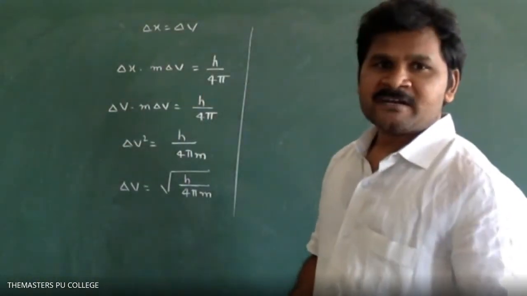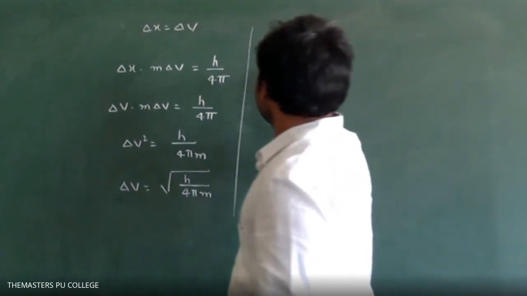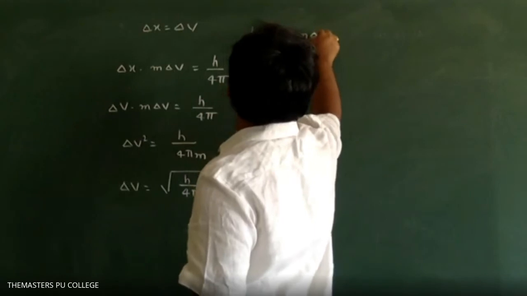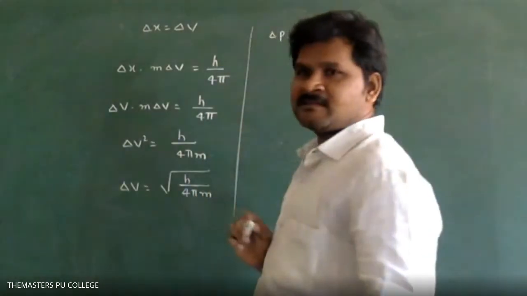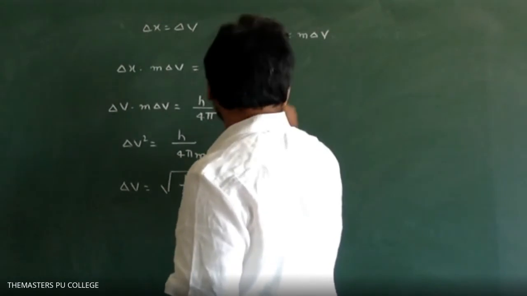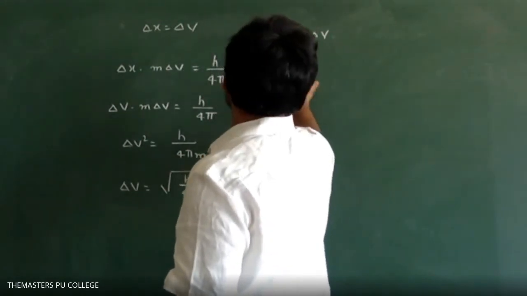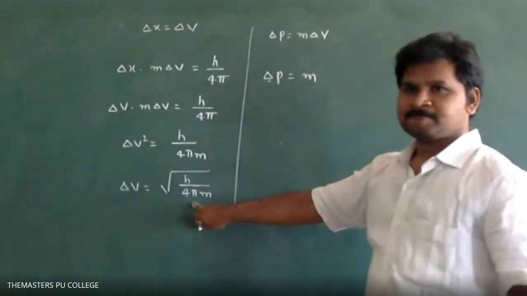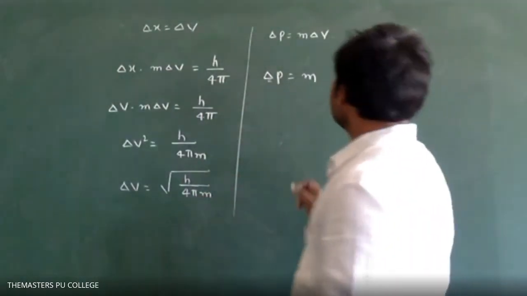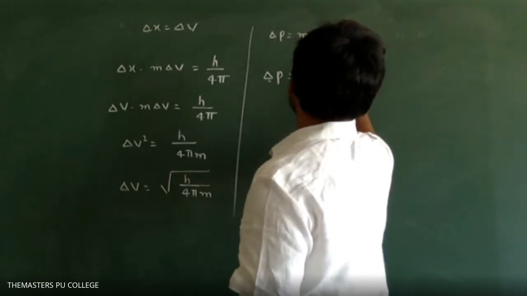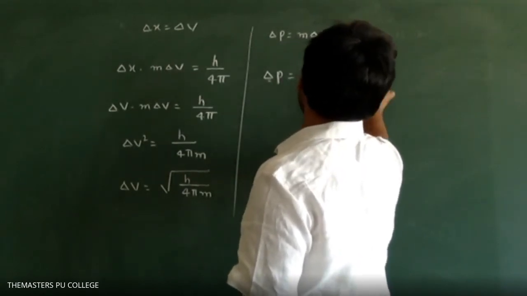Momentum. The momentum formula is delta p is equal to m delta v. Delta p is equal to m delta v, and delta v is the root of h by 4 pi m.